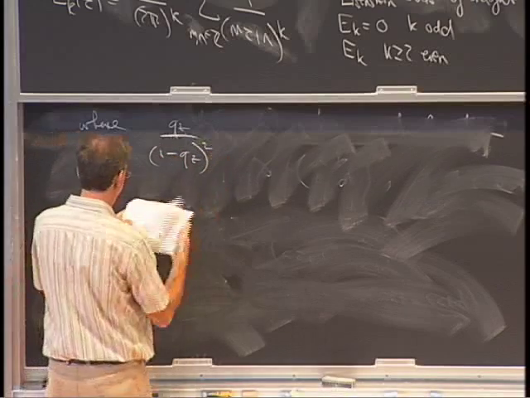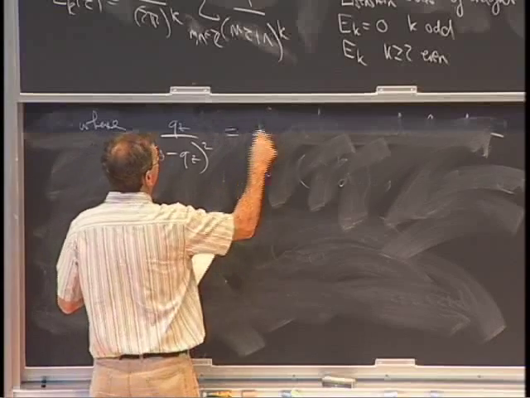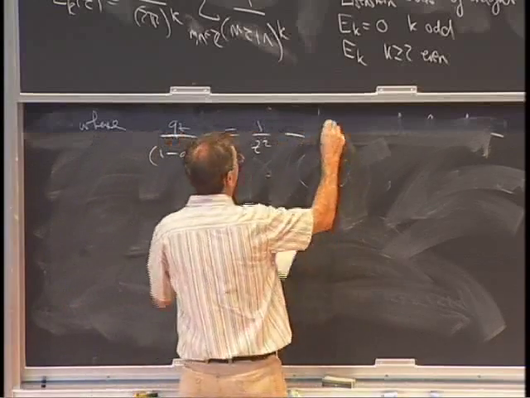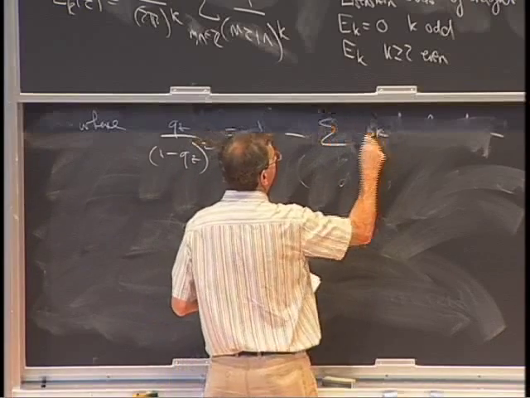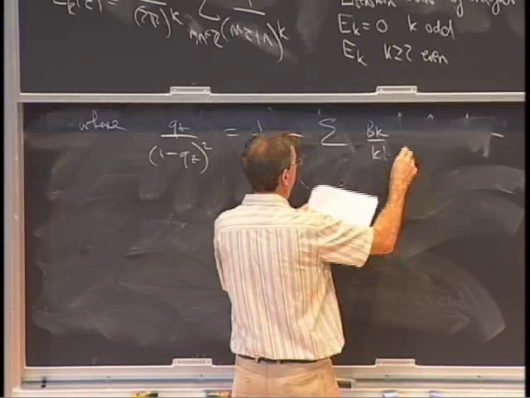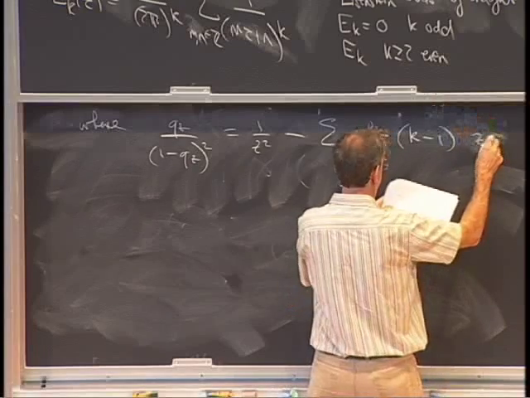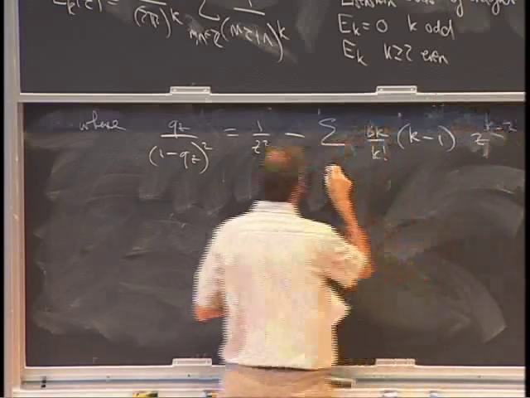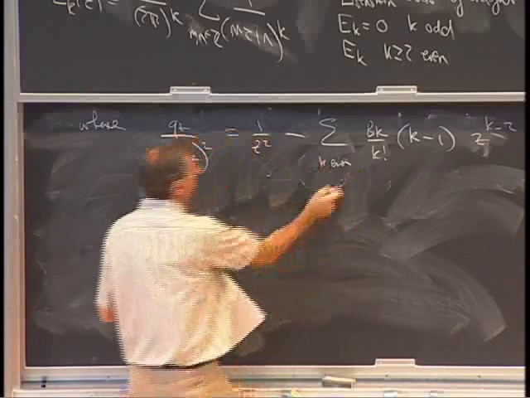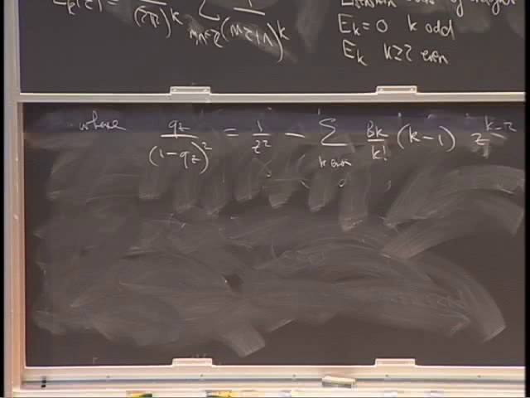And this is one of the terms in the expansion that we talked about. It's 1 over z squared minus the sum of bk over k factorial, and then we have this extra factor k minus 1, z to the k minus 2. This is for k even. These are related, of course, to the values of the zeta function.